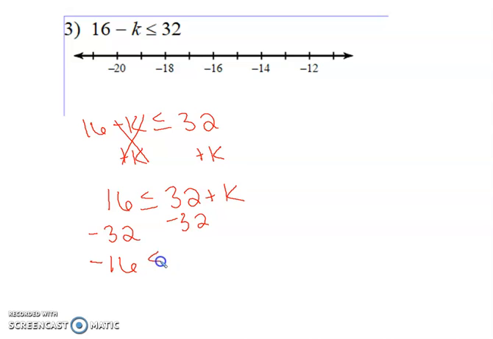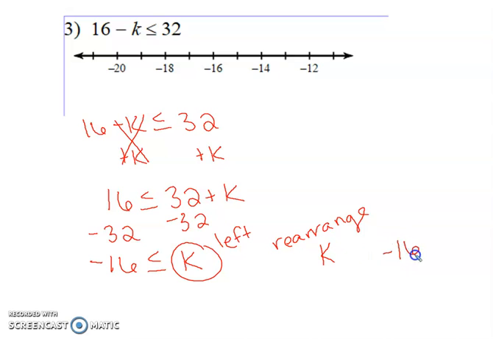I get -16 is less than or equal to k. I cannot graph that way because I need to have this variable on the left. So I need to rearrange it. So I have k and -16. I have less than or equal to here, so I'm going to have greater than or equal to here, right?